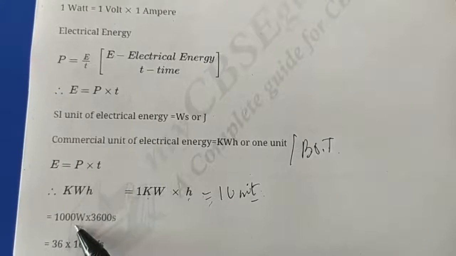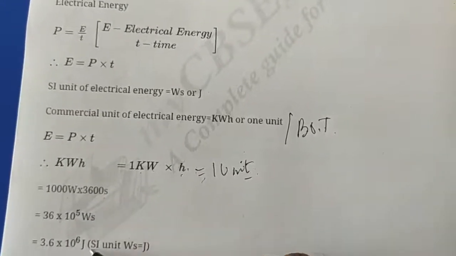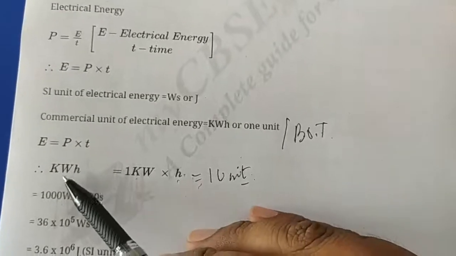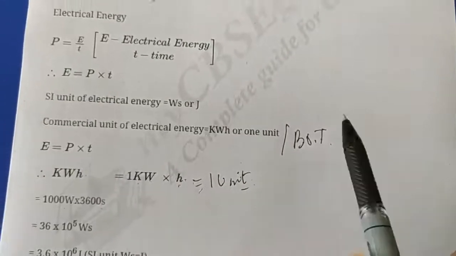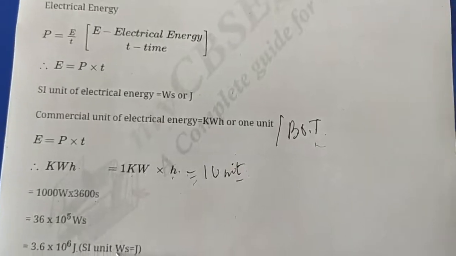Kilowatt is converted into watt and hour into second, so watt second is the joule. You may get the question, convert 1 kilowatt hour into joule, or define BOT. Then you have to explain this, right?